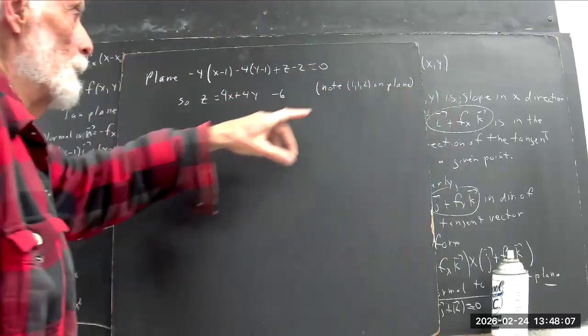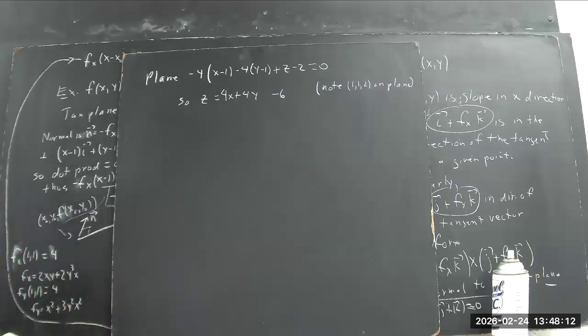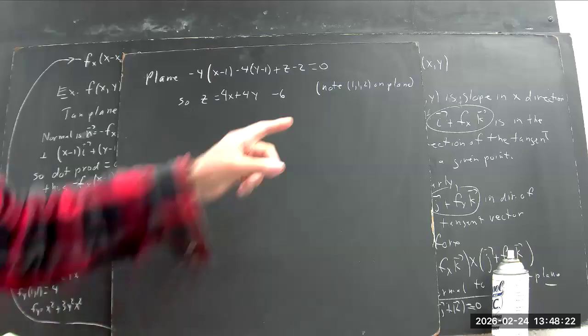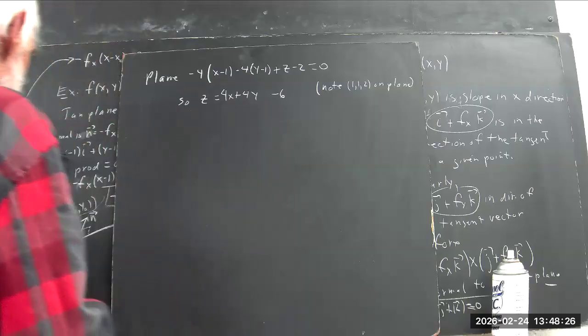So we know the point 1, 1, 2 is on the plane, and it darn well better be, right? Because our whole hypothesis is we're finding the equation of a plane tangent to this surface at that point. Okay, so the point has to be there.